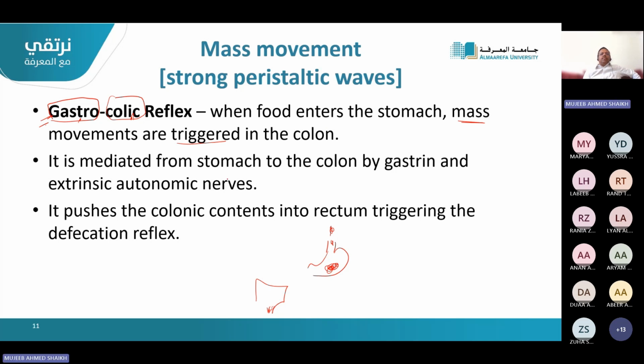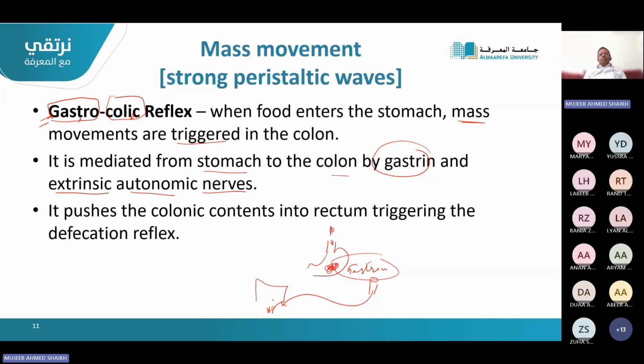And it is mediated from the stomach to the colon by the hormone gastrin. Once the food is here, gastrin will be released. This will join the blood vessel and it will be poured here. It will act on the colon, also through the autonomic nerves. Through the autonomic nervous system, it will also be initiated because of that. So one is the release of gastrin because of the presence of food in the stomach.